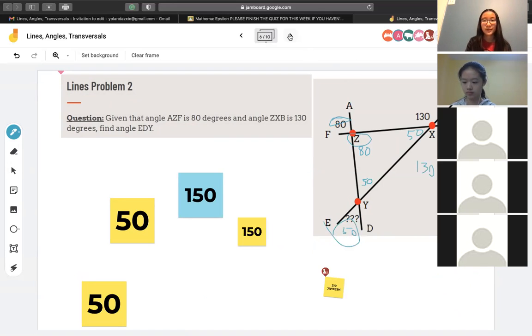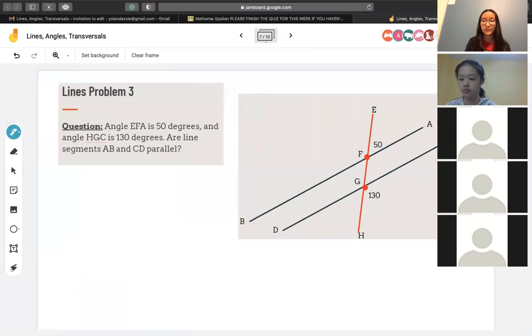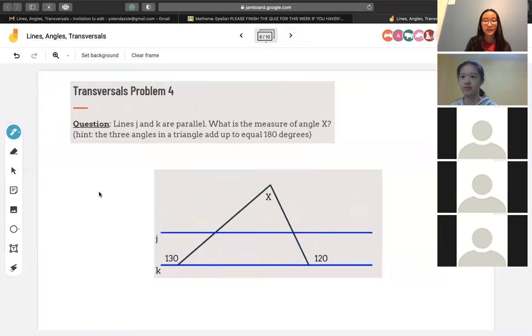All right, let's quickly move on to the last question we're going to be doing. Okay, yeah, this is a good problem. Lines J and K are parallel. What is the measure of angle X? And again, remember that the three angles in a triangle will add up to 180 degrees.